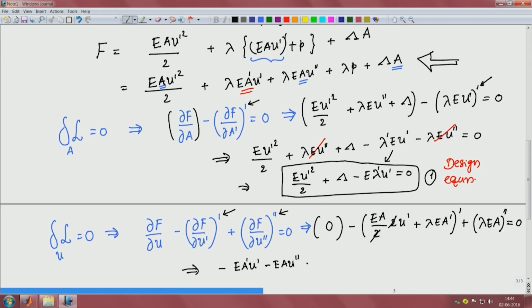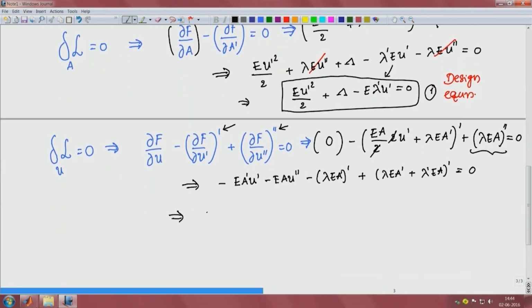The other one I will not expand because I know that it gets cancelled with the term that comes out of the one with the double prime, where we take the derivative twice. First time we will get this, which is A prime, by the way. So we have lambda E A prime plus lambda prime E A, and then we will have the prime of that equal to 0.